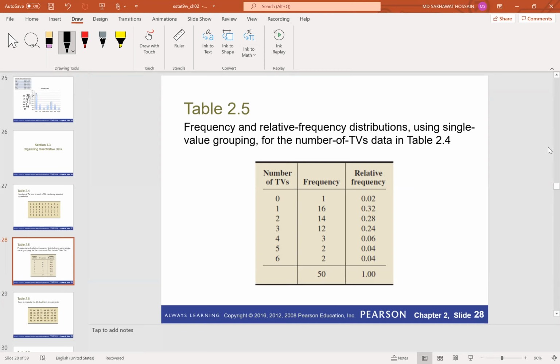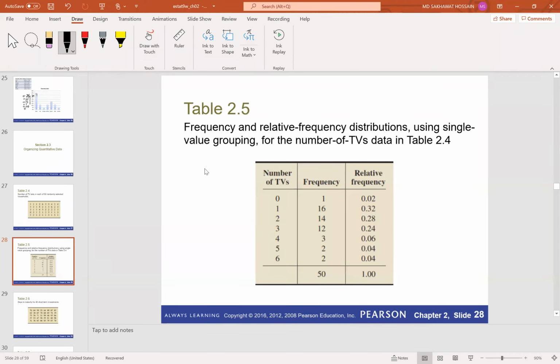But sometimes the number of distinct responses is very large, and then it is very time consuming and not easy to list all the distinct responses and their frequencies. In that case, we group the data. Here we use single value grouping, where we group the data with a single value.